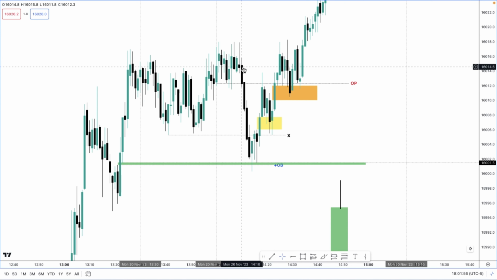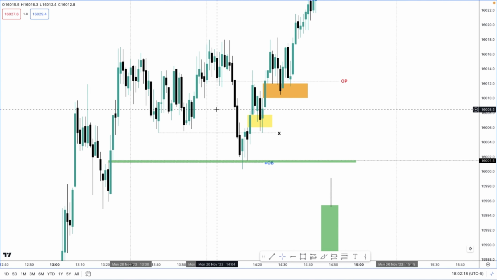So these fair value gaps, we ignore them because we are bullish. So you see how I'm teaching you to avoid the bad fair value gaps that you will probably fall victim to if you don't have narrative on your side.